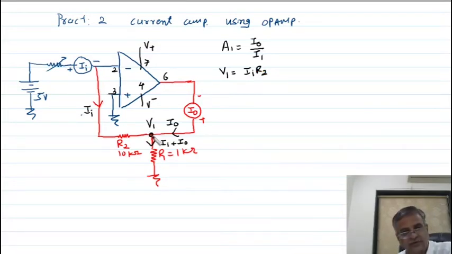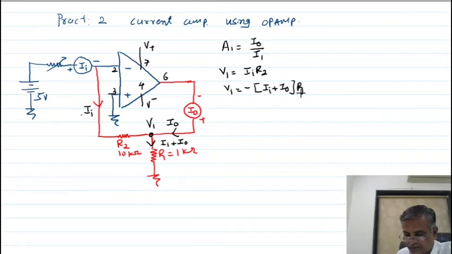The second equation of V1 with respect to ground I can write as this current multiplied by this resistance. So V1 is nothing but minus, this is (I_I plus I_O) into R1. For the inverting terminal I use the minus sign.